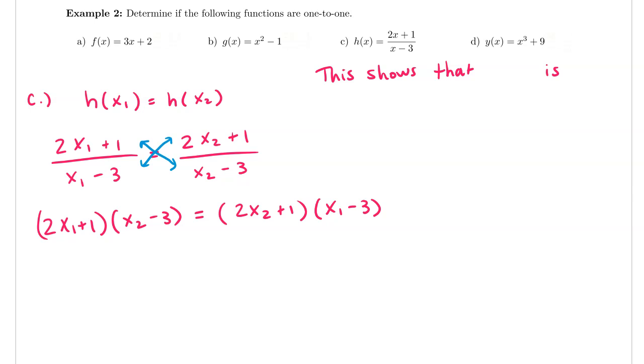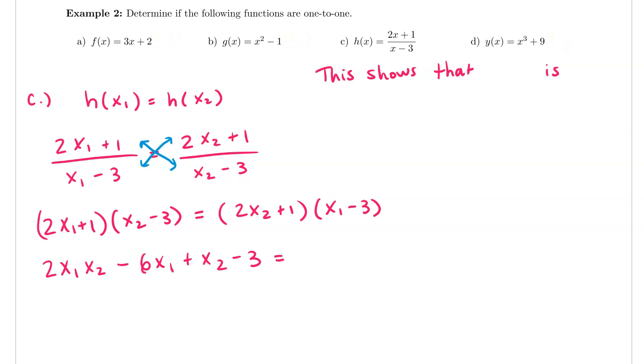All right, so we're going to need to do some multiplication. You can either use the box method or the FOIL method. And on the left-hand side, I'm going to get 2 times x1 times x2 minus 6x1 plus x2 minus 3.